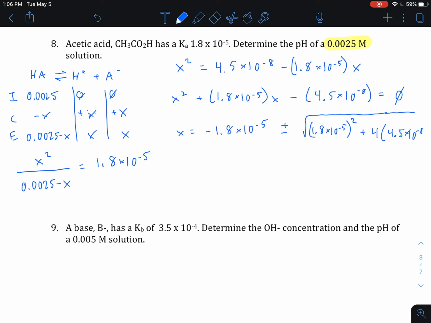But c is negative, so it'll become plus, and a is 1, so it'll go away, 4.5 times 10 to the negative 8, all divided by 2. So x is negative 1.8 times 10 to the negative 5. Let's figure out what's in the bracket and the square root here.